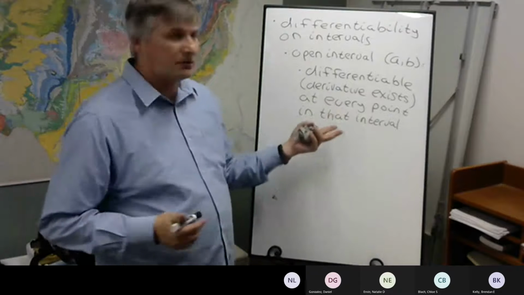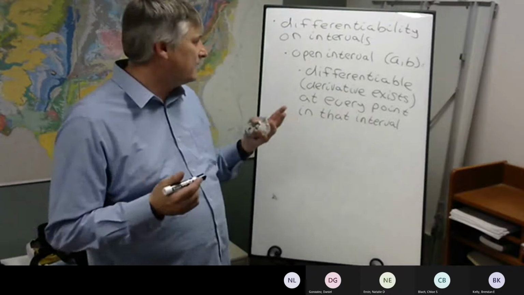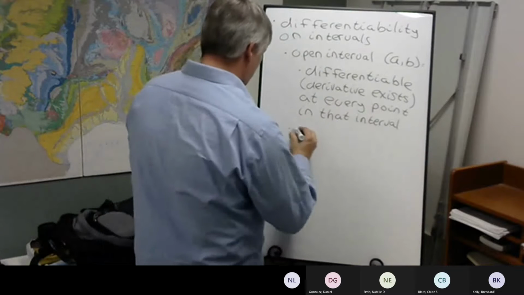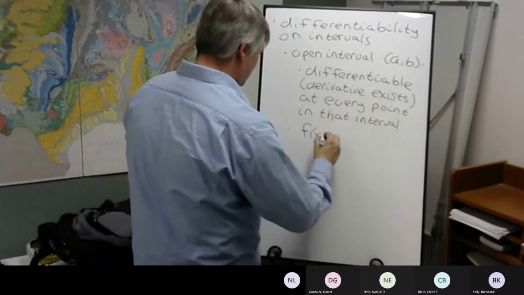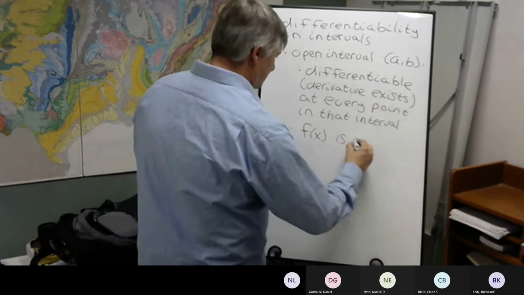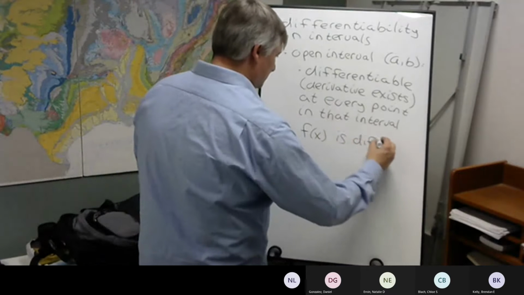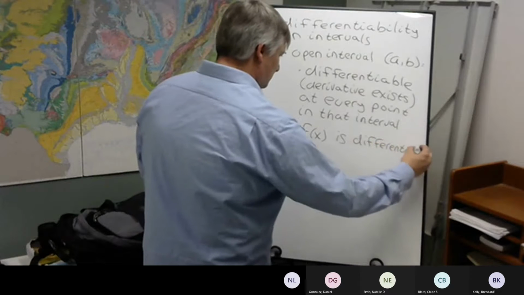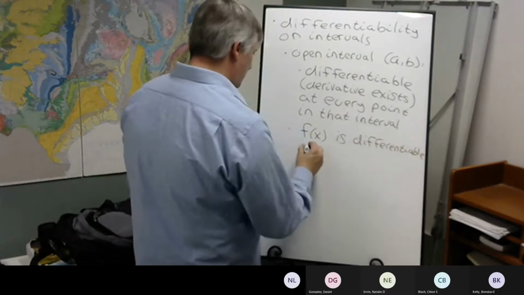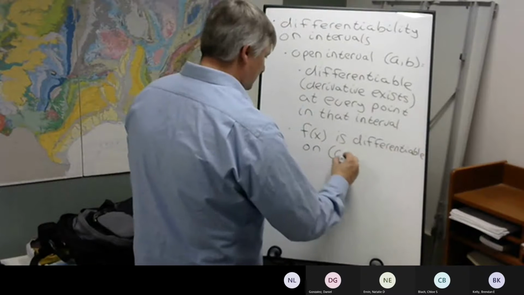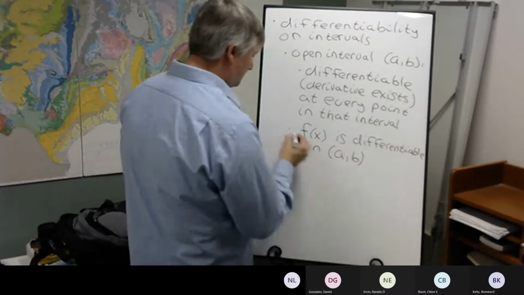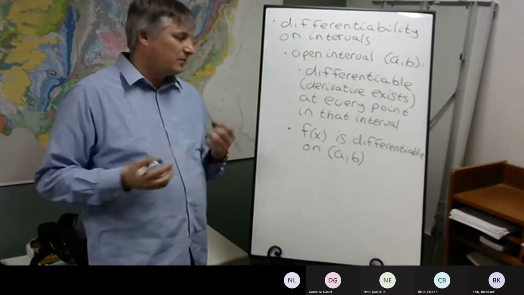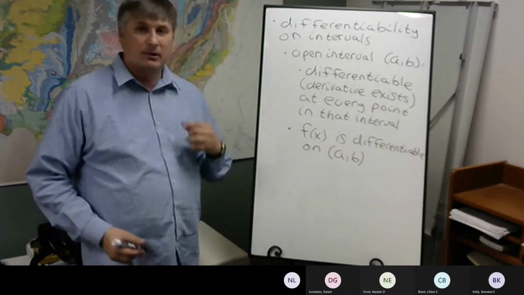So if you're on an open interval, we say that f of x is differentiable on (a, b). So if this works, this is what we're going to say.